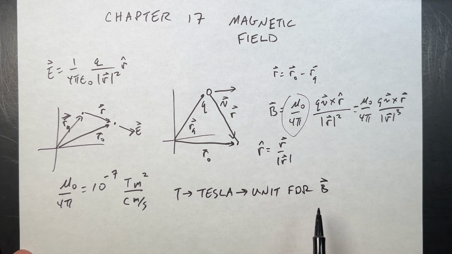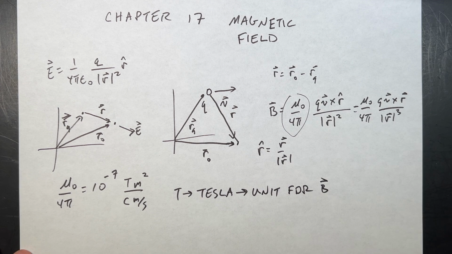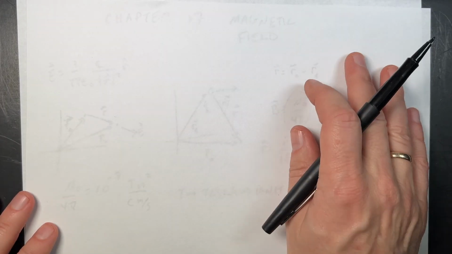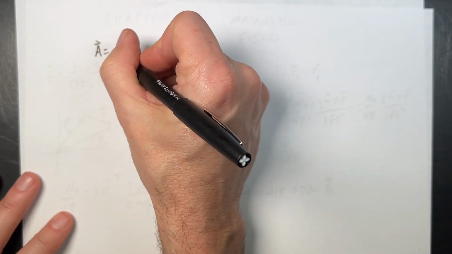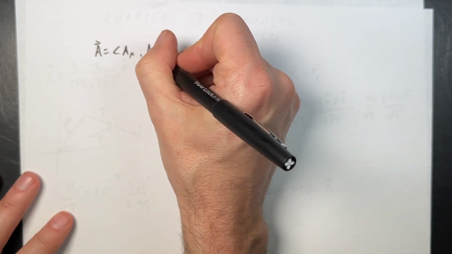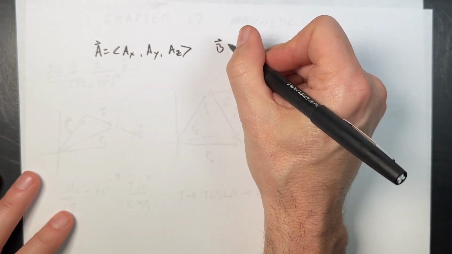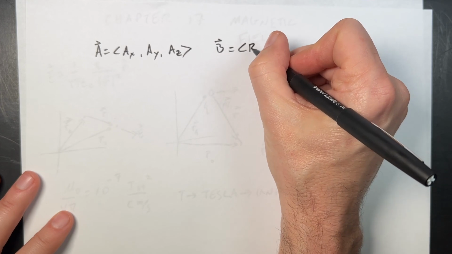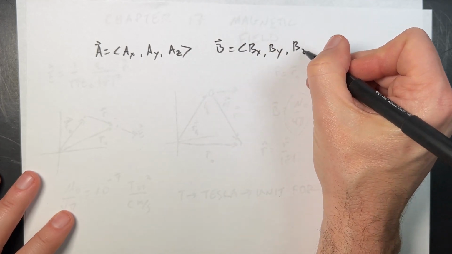Okay. Now, we do have to address this cross product, and you may have seen that in your introductory physics course the first semester when you're dealing with angular momentum and torque, but maybe you forgot. So let's just say I have the vector A as AX, AY, AZ, and the vector B as BX, BY, BZ.